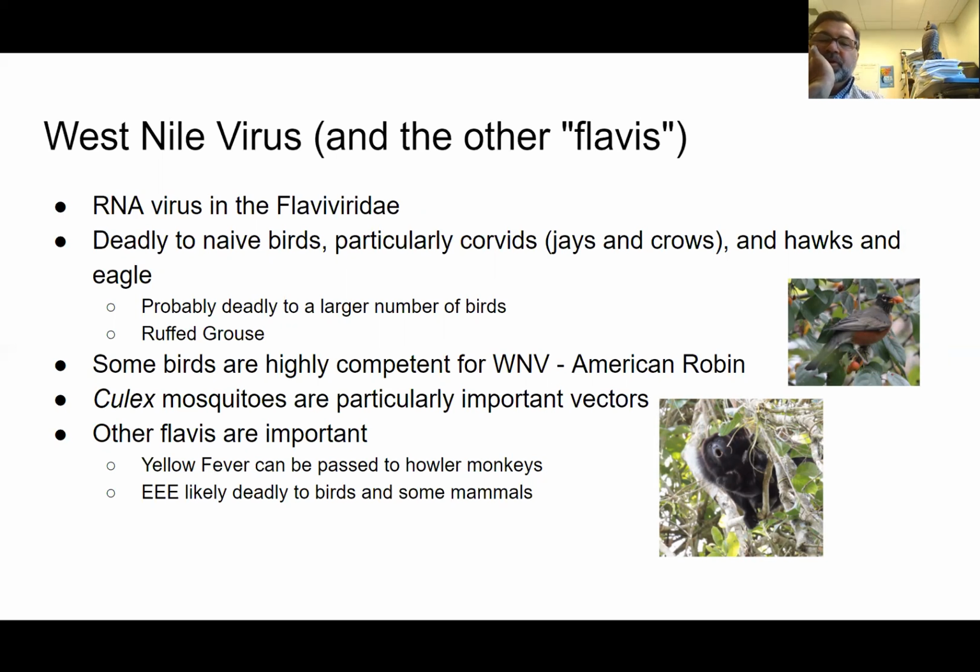The reason why we know is because those are large birds. So when a crow dies, they're large enough that we see them and it's very obvious, and they often roost together. So when you get an outbreak in a large pile of dead crows, that gets your notice. And also at raptor rehab centers, when you have hawks and eagles die, you notice those things.